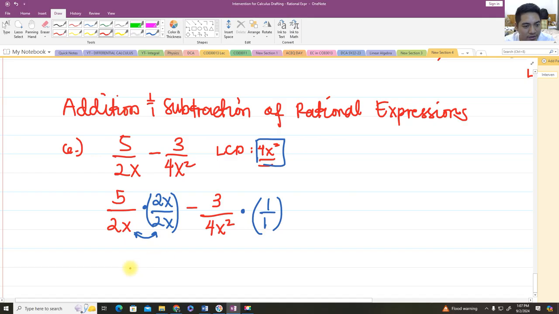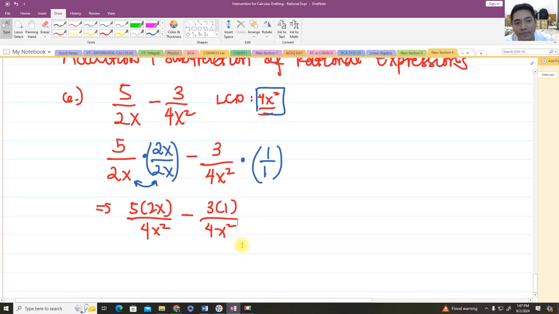If you do this, this would become 5 times 2x all over 4x squared minus 3 times 1 all over 4x squared. Now you already have the same LCD. So you have now 10x minus 3 all over 4x squared.